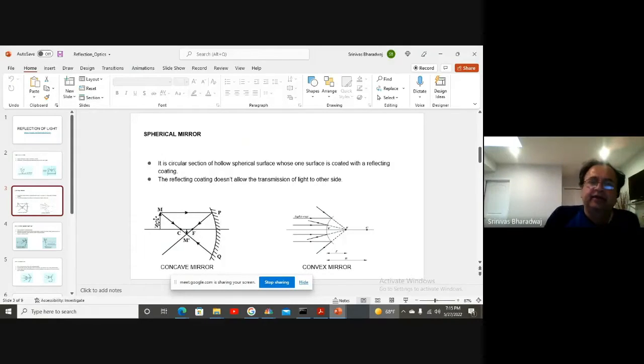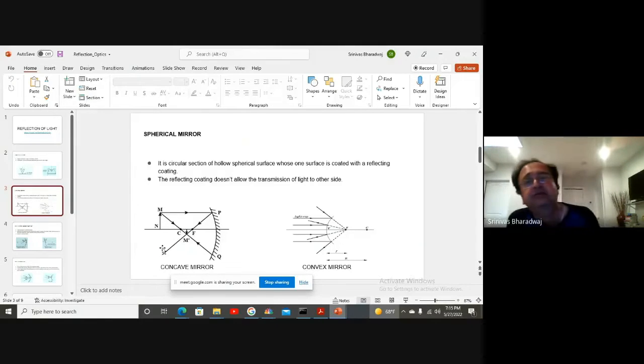You have a ray here, it will make a smaller angle, but all those rays will pass through F, and they will form an image which is a perfect copy of this, only it will be smaller now.